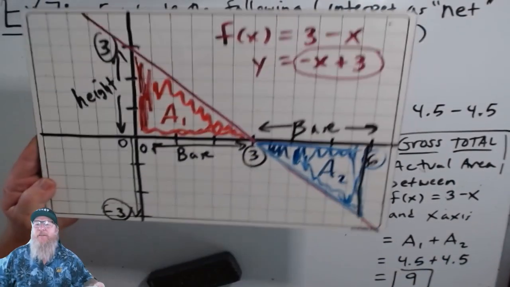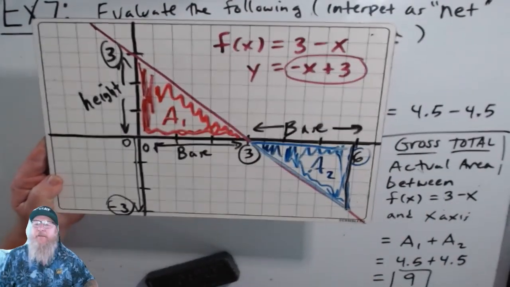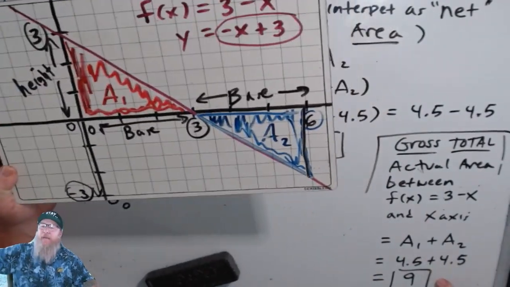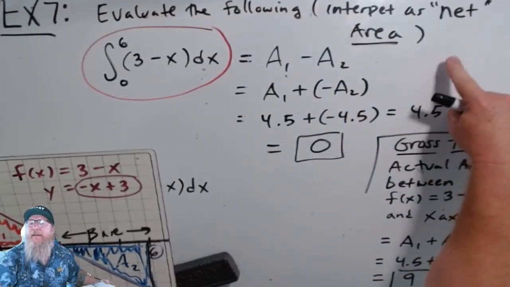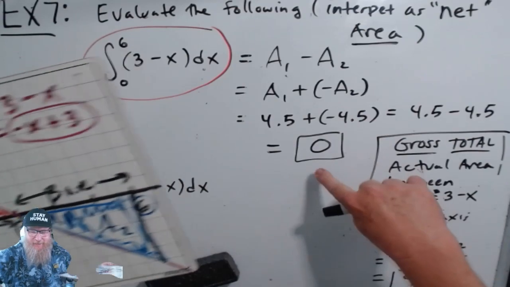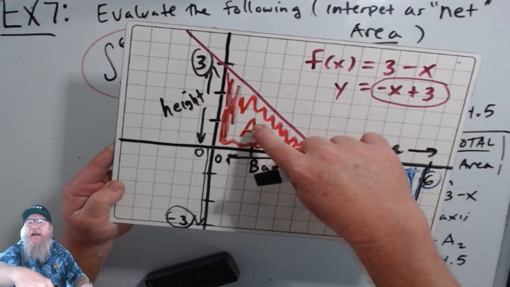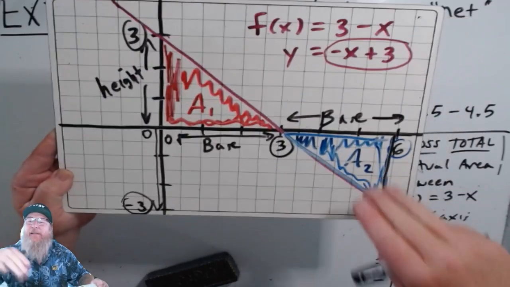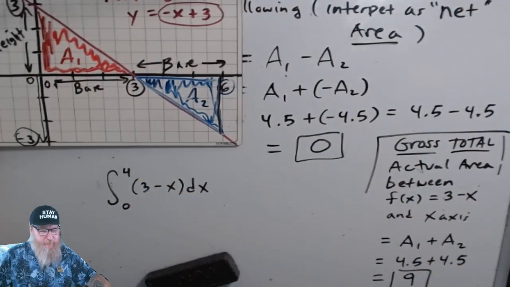So you really have to interpret it very carefully. If I say, what's the actual area of the shaded region? Well, the answer would be 9. But if I say, what's the net area? The net area in this example is 0. Because it's like you made money and then you spent exactly the same amount of money, and those two things canceled each other out.